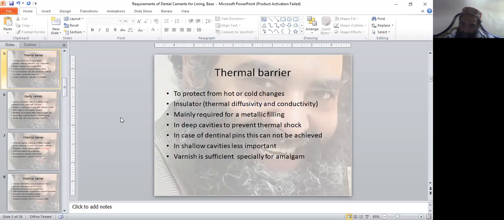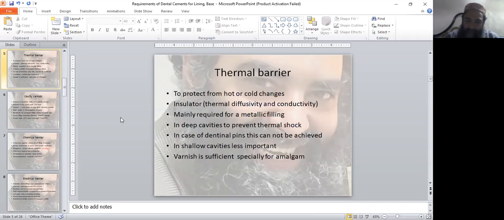It must be an insulator; thermal diffusivity and conductivity should be blocked by this thermal barrier. And it is mainly required for a metallic filling, especially in deep cavities, to prevent thermal shock.